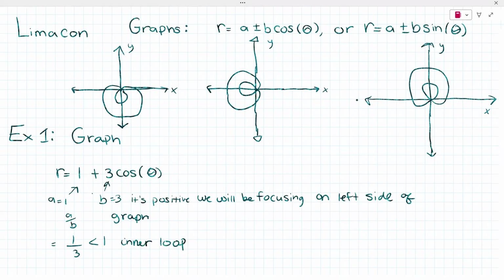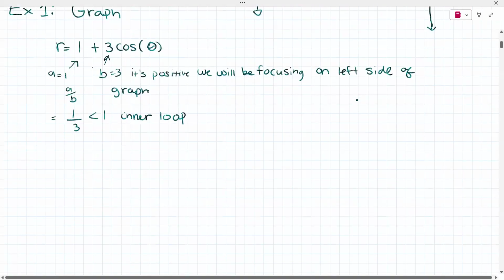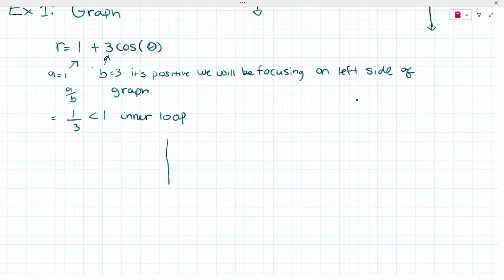It's going to be on the left side, and it's going to have an inner loop. So it would look roughly something like this.